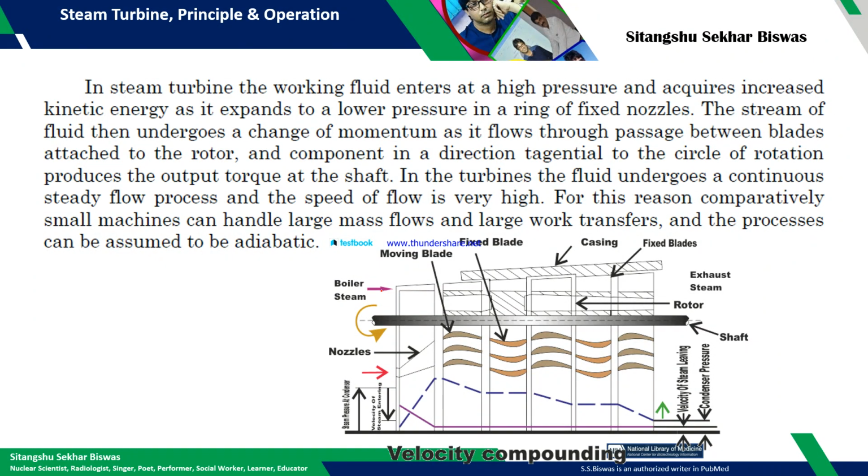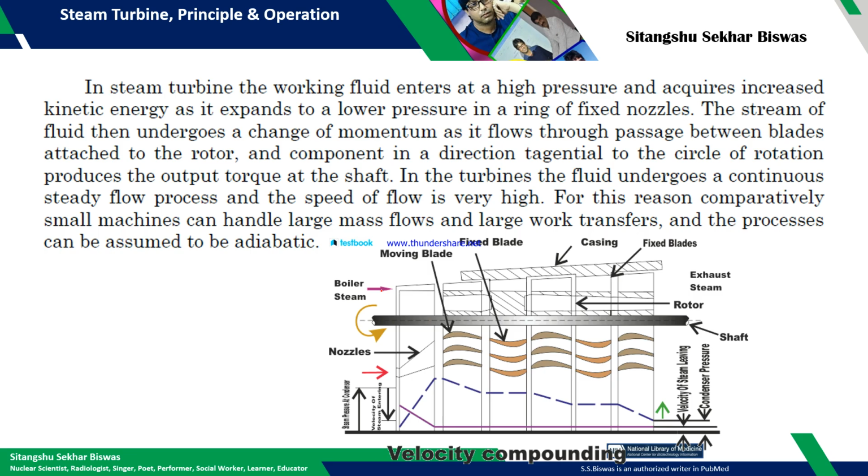What is a steam turbine? In a steam turbine, basically the working fluid enters at high pressure and acquires increased kinetic energy as it expands to a lower pressure in a ring of fixed nozzles. A nozzle is a very simple but widely used mechanical device which is used to regulate the flow and its direction.